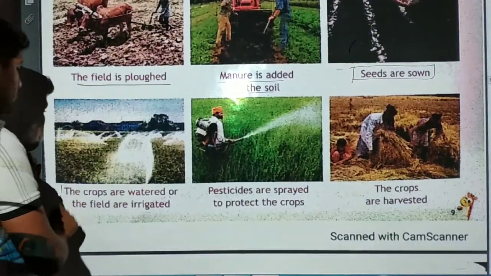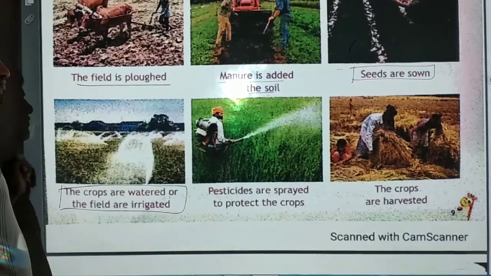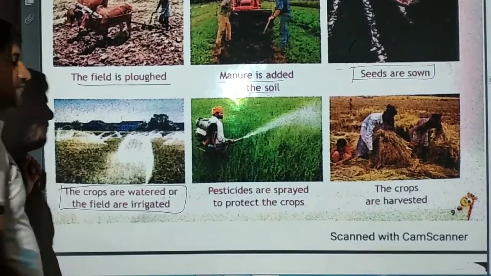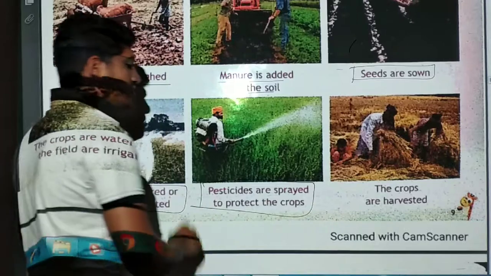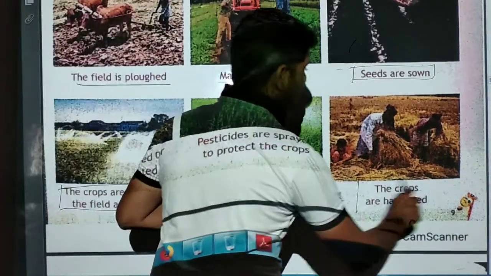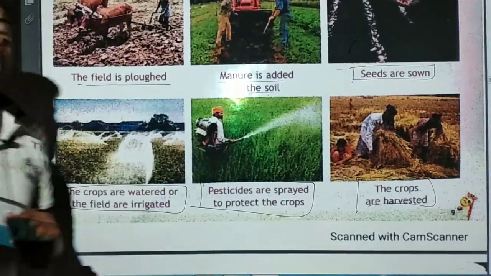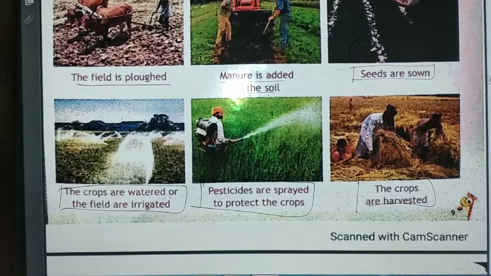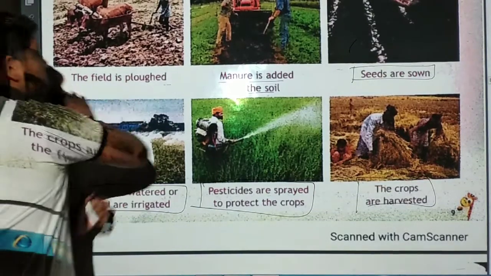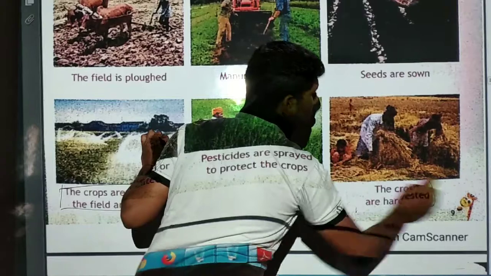After that, the crops are watered or the field is irrigated. After that, pesticides are sprayed to protect the crop, and lastly the crop is harvested, and after that it will be stored.